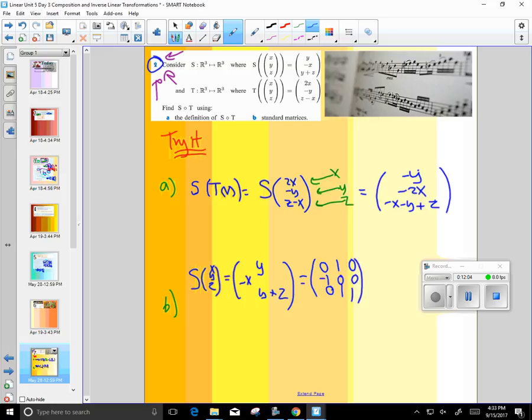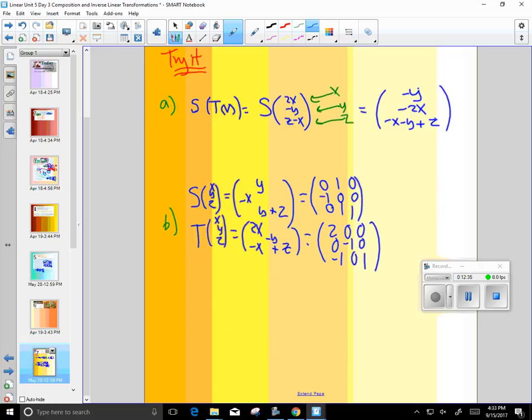And we're going to do the same thing with T, which is also (x, y, z), which written out is 2x, negative y, and negative x plus z. So you can see here where I get my [2, 0, 0; 0, negative 1, 0; negative 1, 0, 1].